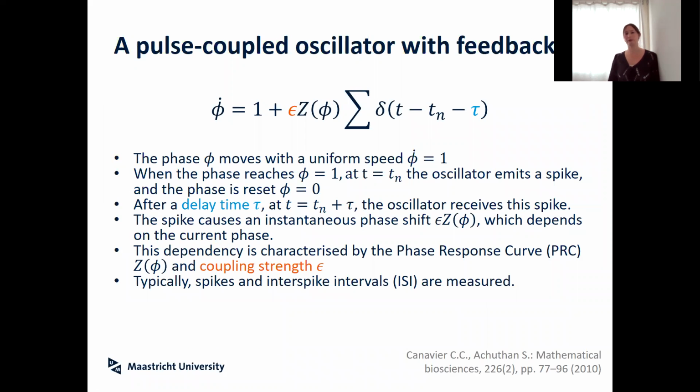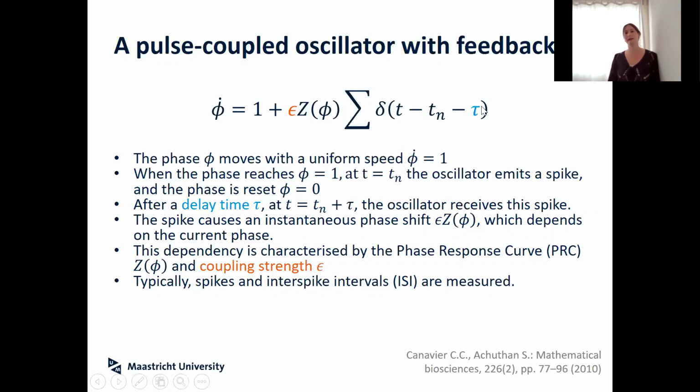So the model that we consider is the following. The phase here moves with a uniform frequency, normalized to 1, and as soon as the phase reaches 1, it emits a pulse and it is reset to 0. And that happens at the spike time Tn.